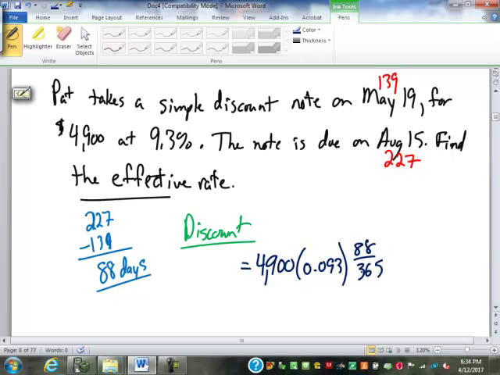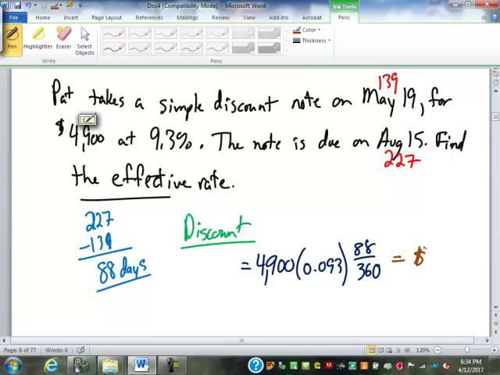Careful. Oops, I wrote 365 too, and I shouldn't have. 88 over 360. So since Pat is borrowing, we are assuming ordinary interest here, so he pays the most. The exception to that is the treasury bills and savings bonds. Those will get figured out on exact interest, even if they're not stated.